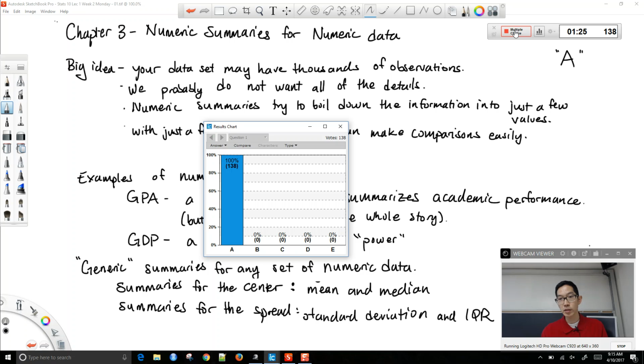Okay, so I'll go ahead and click stop, and then later today I'll upload the scores from these remotes, and you should get points. Okay, if you have a remote and you clicked, then later today when you check CCLE, it should show that you've received a point for today's session, and it'll be 2 points. Okay, one for attendance, and then one for getting the question correct.